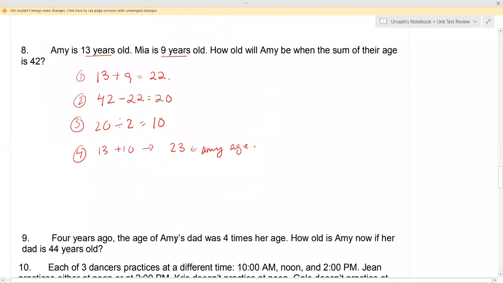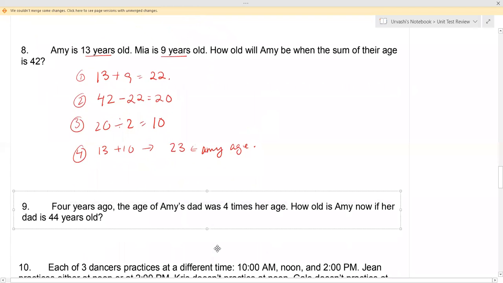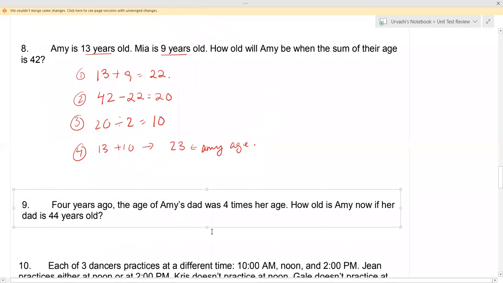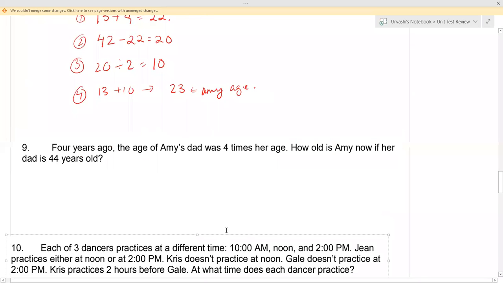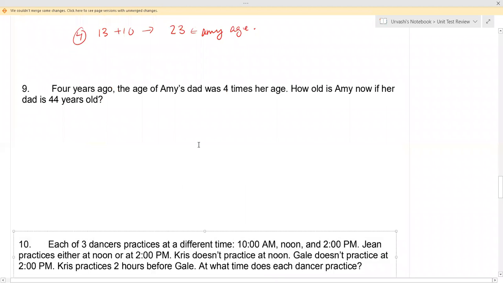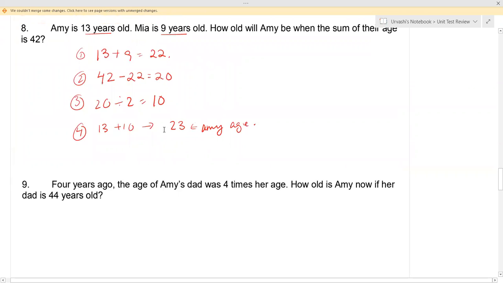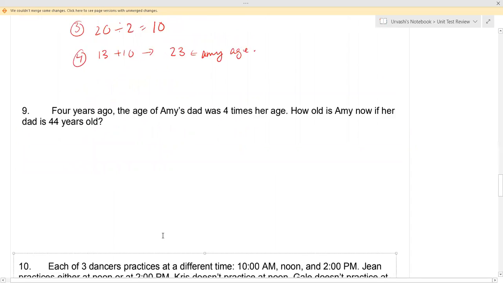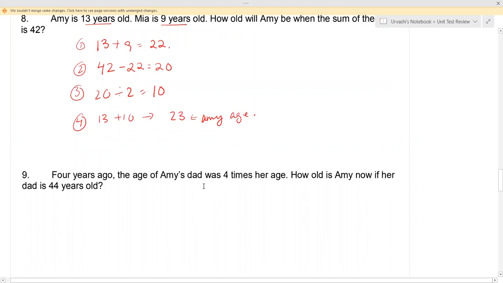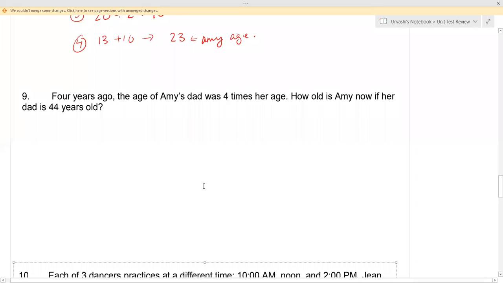This goes back to our second or third lesson. Same with the next question. It brings us back to the age problem. So number 9 and number 8 are very similar. Who solved this with the model?